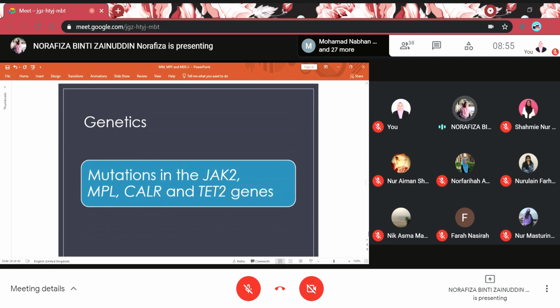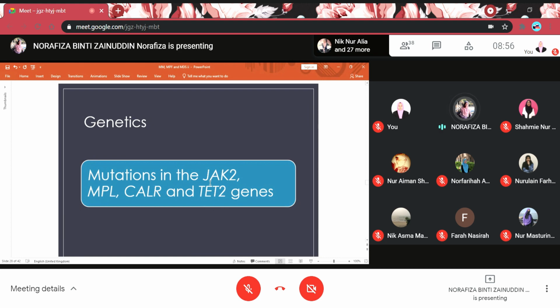There are mutations in JAK2, same as PV and ET just now, MPL, CALR, and also TET2 genes. All are associated with most cases of PMF. And mutations in either JAK2 or MPL lead to overactivation of the JAK-STAT pathway.